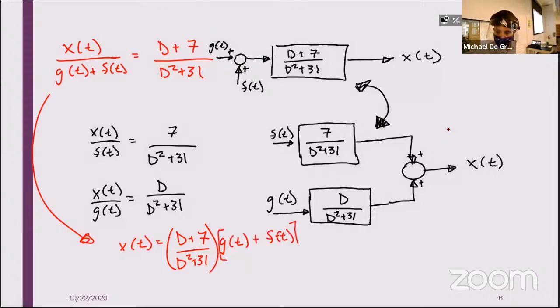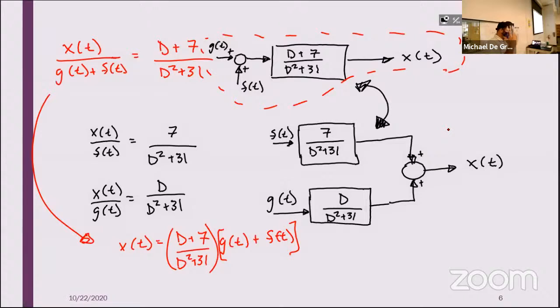You get to that, right? Which is exactly what this block diagram here is telling us. That's exactly what we're doing, Dante, in a sense. You're creating this equation for x of t.